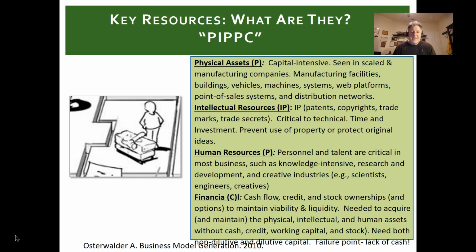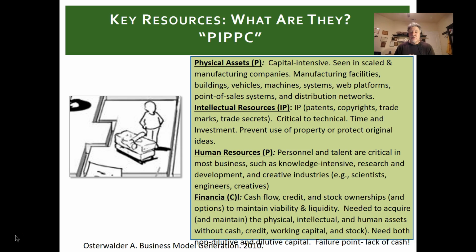And then last but not least is C, okay, and the C is financial. Why C for financial? Because it deals with capital and cash flow, credit, stock ownership. All this stuff is to drive cash because you need to have cash to be able to maintain the physical and intellectual. You have to maintain your operations.